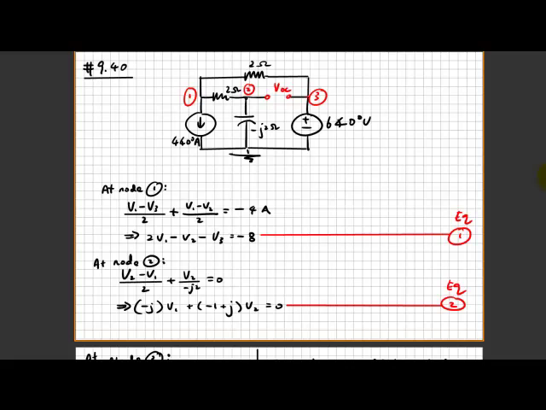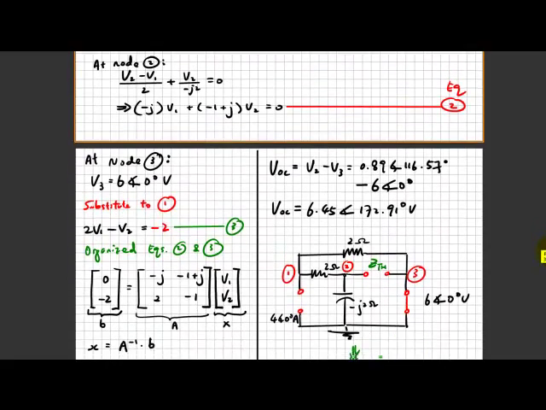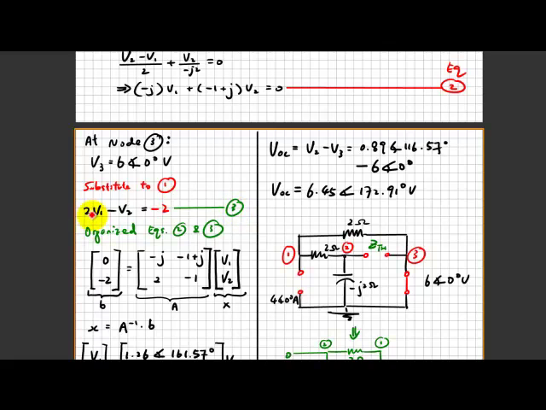We substitute V3 with the constant 6 volts in the first equation and move everything constant to the right hand side, and what I'm having here is 2V1 minus V2 equal to 2 minus 2. That forms the third equation. Now we don't care about the first equation anymore because we substituted V3 into it.